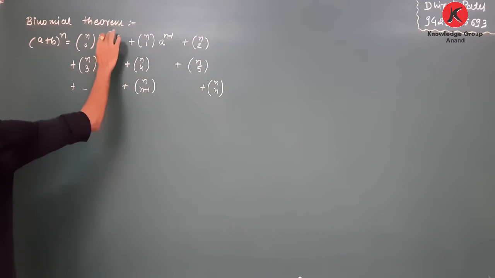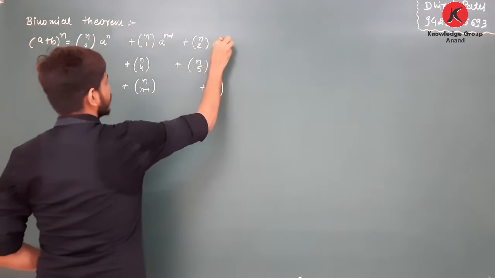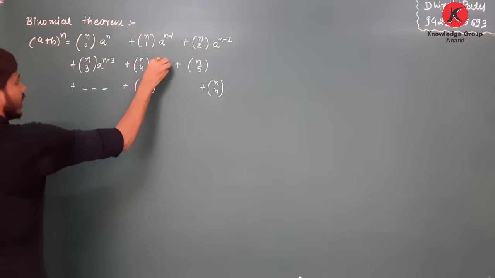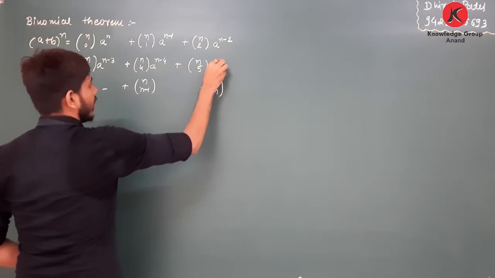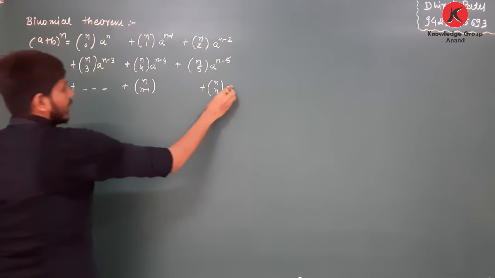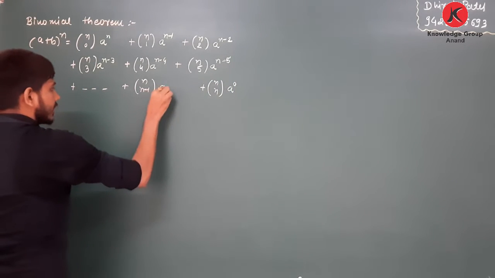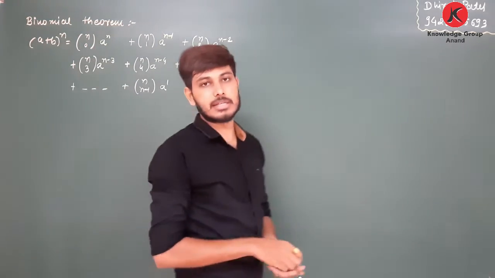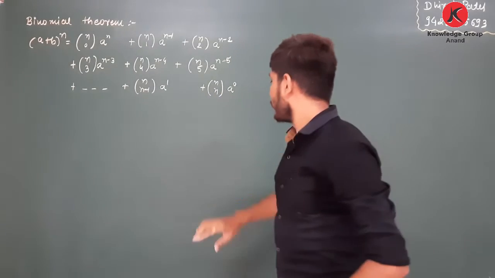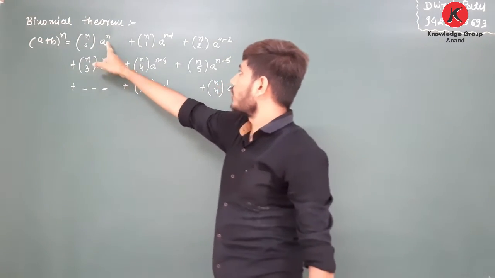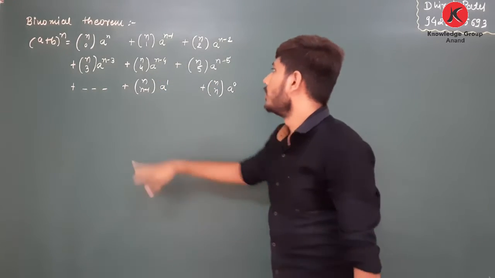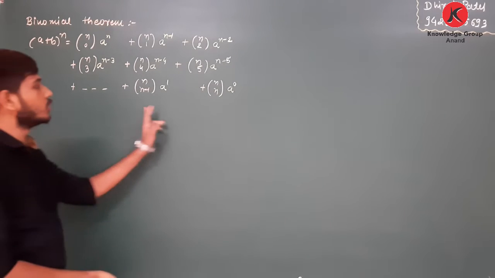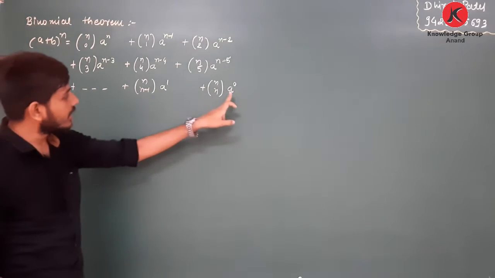Therefore, we are getting a raised to n, a raised to n minus 1, a raised to n minus 2, a raised to n minus 3, a raised to n minus 4, a raised to n minus 5, up to the second last power a raised to 1 and the last power a raised to 0.